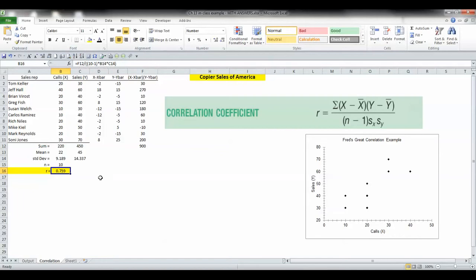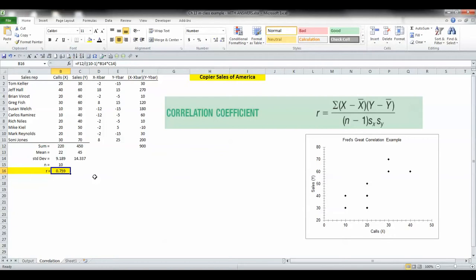So now that we've fixed that, we see that our correlation coefficient, our Pearson's R, is 0.759.